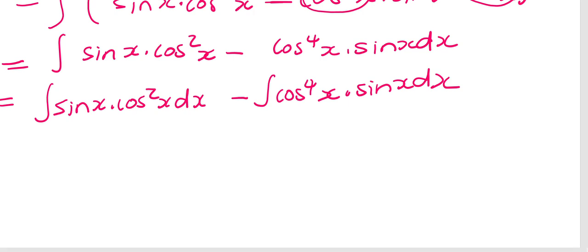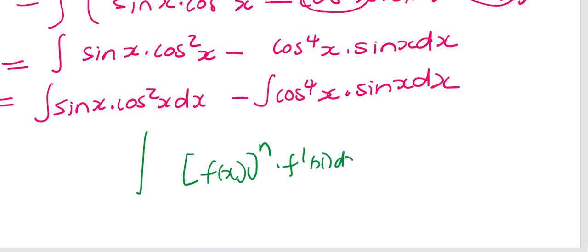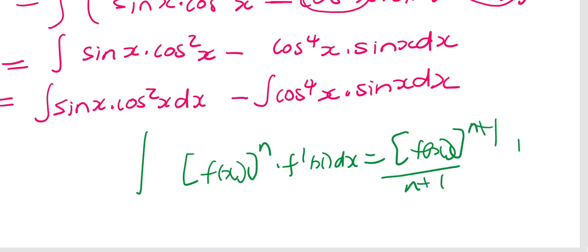Now, if you notice, especially when we're looking at those trigonometric integrals, there's a formula that we have been using, and make sure that it stays in your heart, so you know it like the back of your hand. So that formula is the integral of, they say that if you have a function f of x to the power of n times the derivative of f of x, dx, is equal to f of x to the power of n plus 1 over n plus 1 plus c.